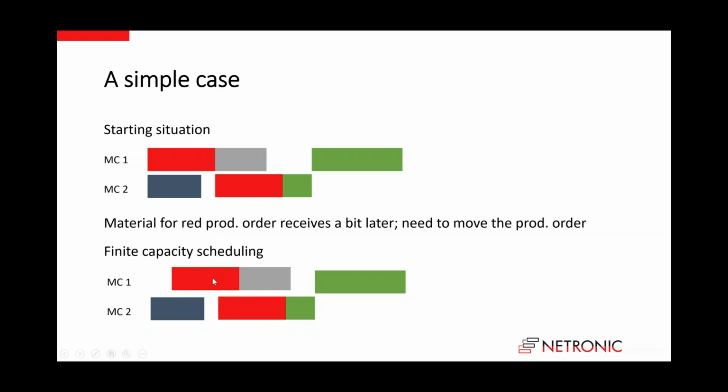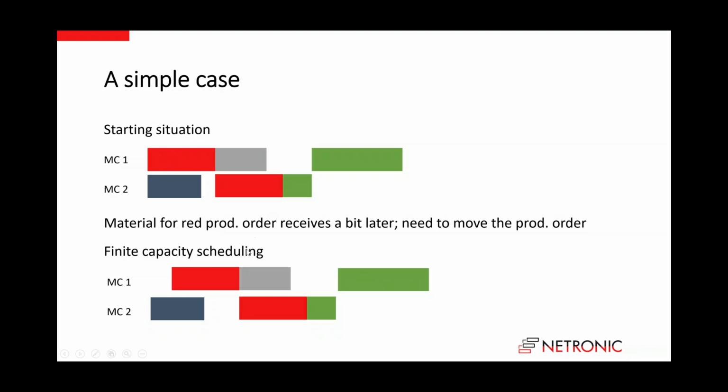So the next thing that happens with a finite capacity scheduler is that this red box moves. But this creates an overload here, so we have to move the green one, and because we need to move the green one, we also need to move the successor green one here on the first machine. So this is what happens with a finite capacity scheduler when you just move this red production order a bit.